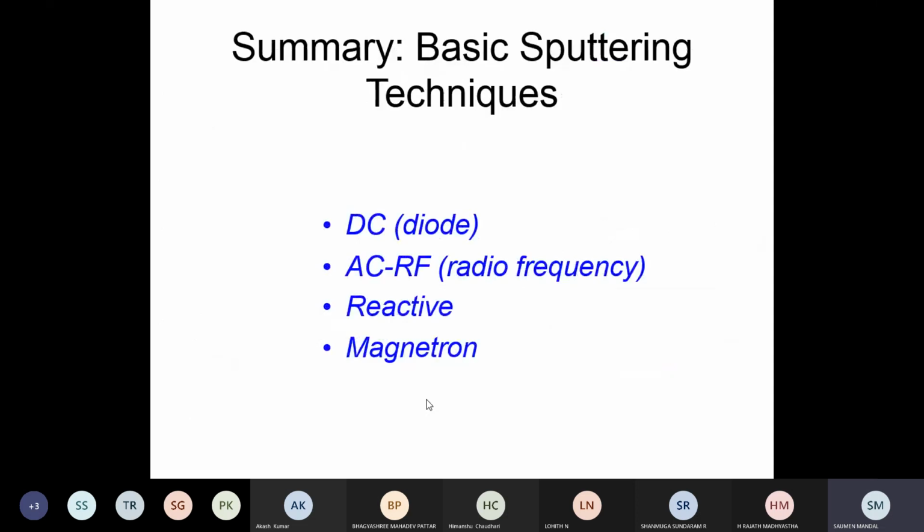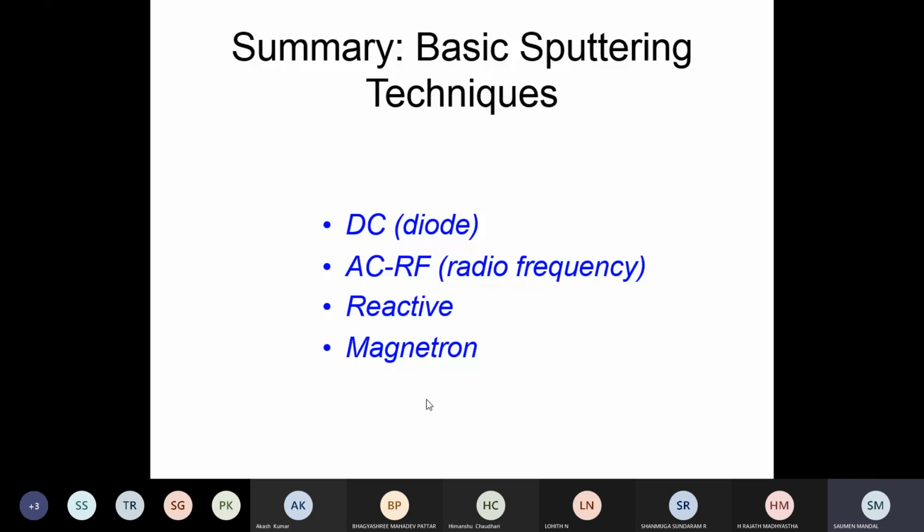I just finished the overview of sputtering and the classification of sputtering. There are different classifications: DC, AC, RF, reactive and magnetron.